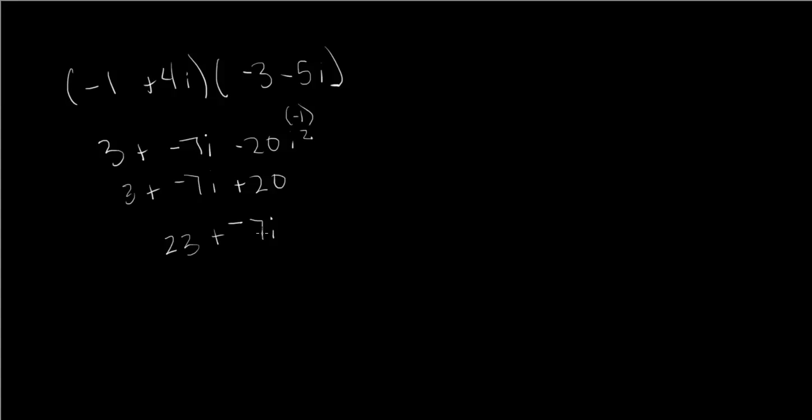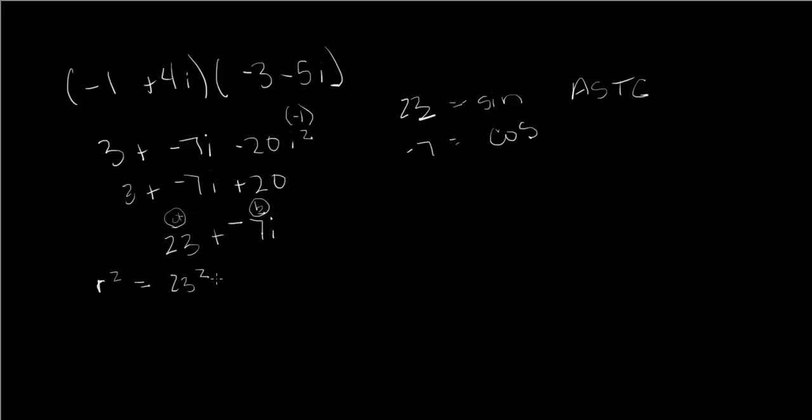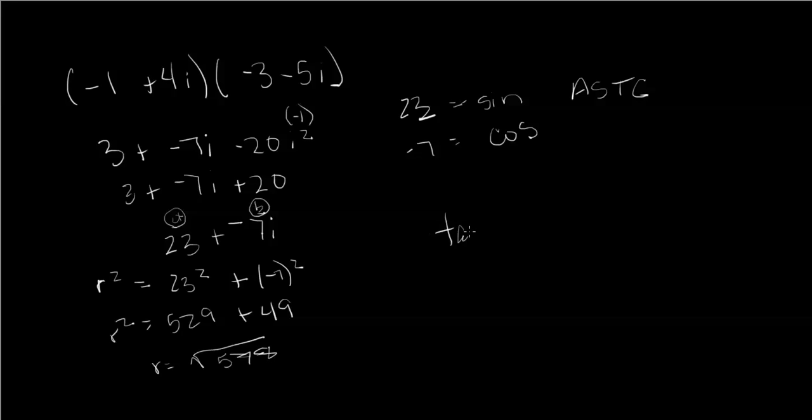Now, in the last section when we were graphing, we said that 23 would be our a value, plus negative 7 squared. 23 squared is 529. Negative 7 squared is 49. So r equals the square root of 578. And we said tangent of theta equals b over a, which is negative 7 over 23.